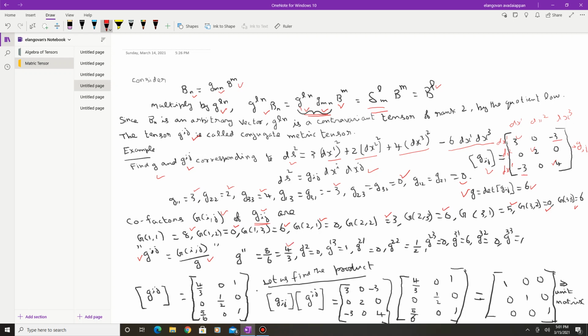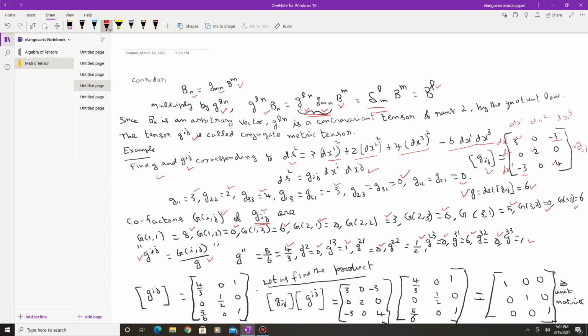G12 is 0, G22 is 1 by 2, G23 is 0, G31 is 6, G32 is 0, and G33 is 1. So from this you can calculate these values.